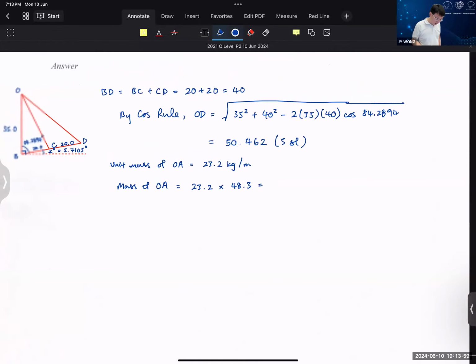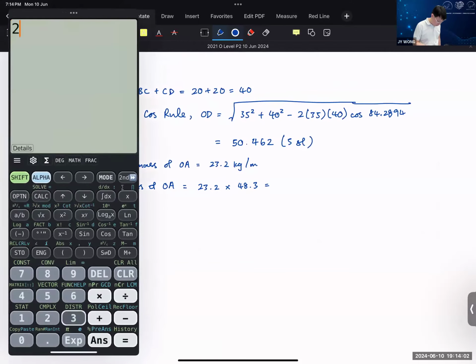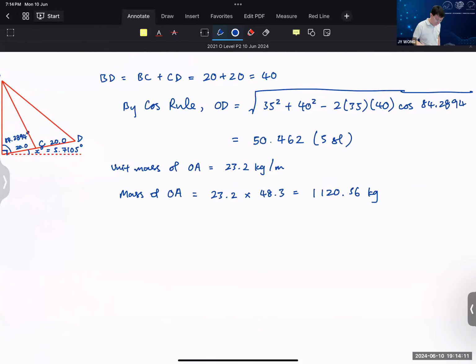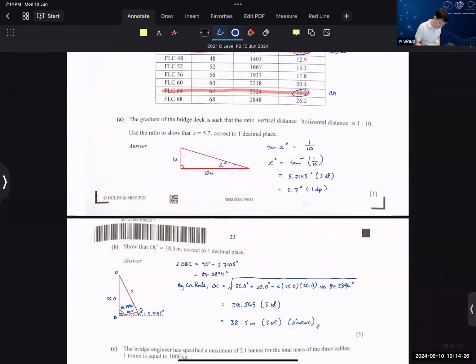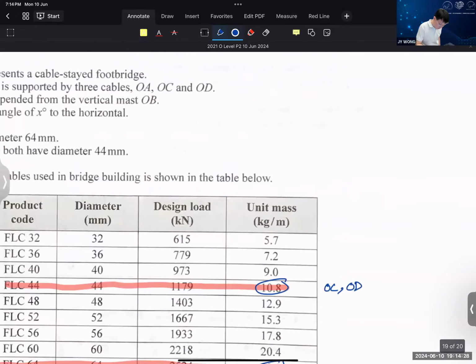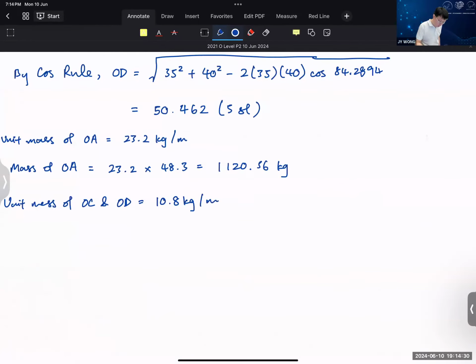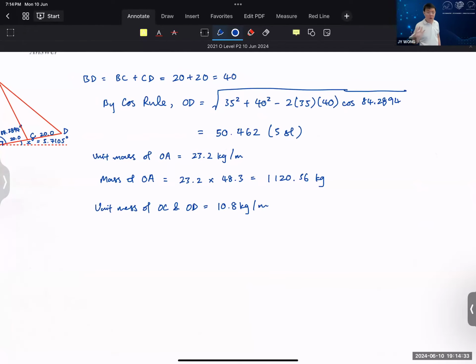Okay, so you multiply this out. 23.2 times 48.3, you get 1120.56 kg. We leave everything in kg first. Okay, unit mass of OC and OD is the lighter one, 10.8 kg per meter. So you can actually just combine the distance because they have the same unit mass.